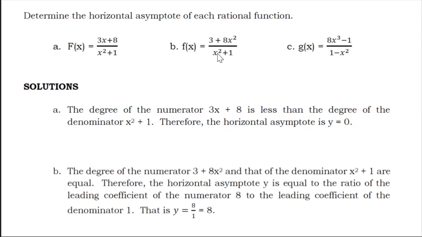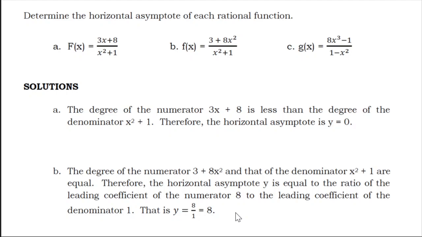The degree of the numerator 3 plus 8x squared and that of the denominator x squared plus 1 are equal. Therefore, the horizontal asymptote is y equal to the ratio of the leading coefficient of the numerator, which is 8, to the leading coefficient of the denominator, which is 1. So 8 over 1 is equal to 8. Our horizontal asymptote there is at y is equal to 8.